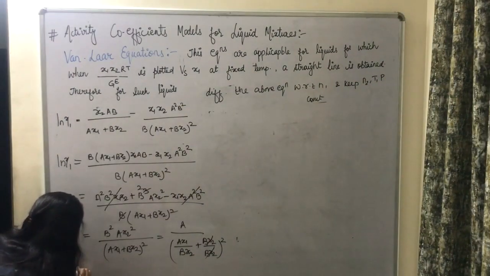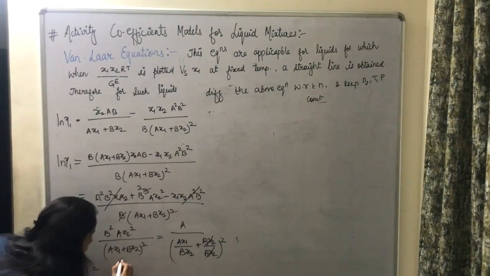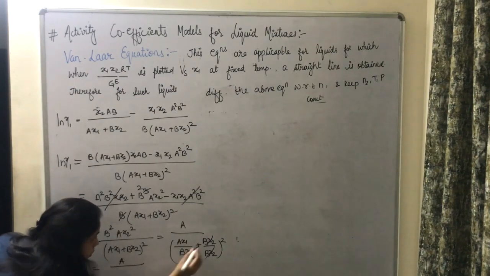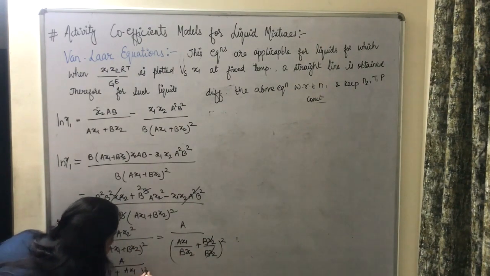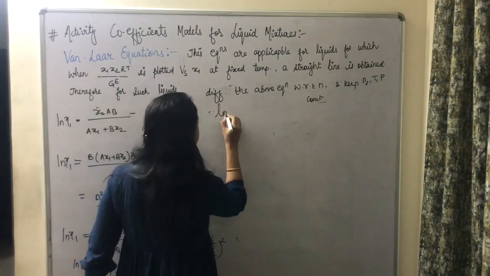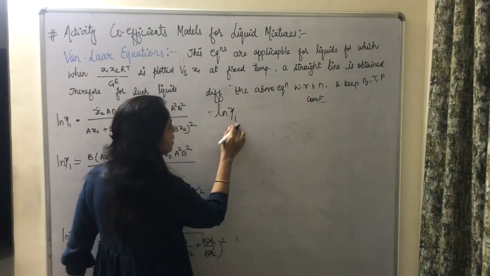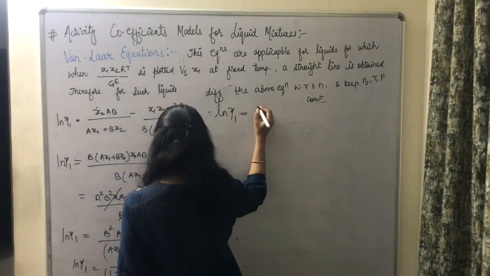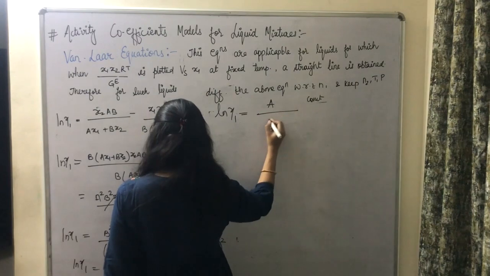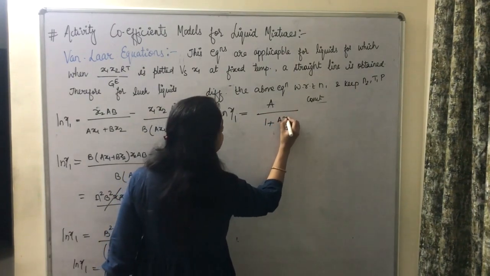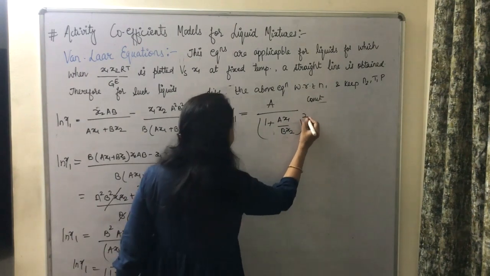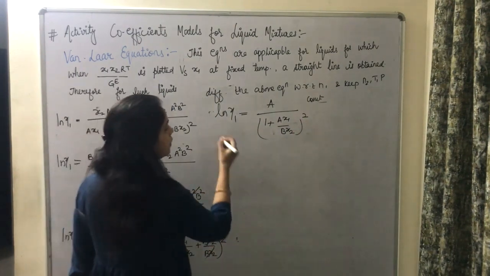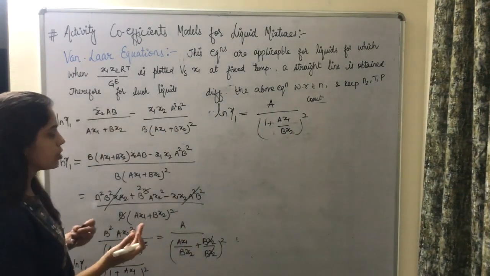So ln gamma 1 is equal to a upon (1 plus a x1 upon b x2) whole square. So ln gamma 1, the activity coefficient of component 1, comes a upon (1 plus a x1 upon b x2) whole square, right? So this is the first relation, the Van Laar equation.